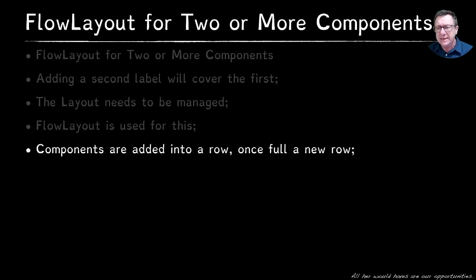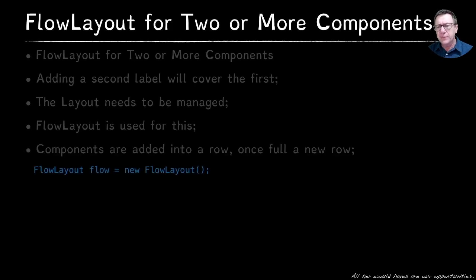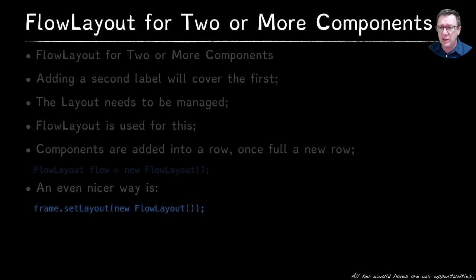Components are added into a row, and once that row is full, we have a new row. All right. Flow layout, flow is assigned new FlowLayout. Straightforward code. But we've got a nicer way, and we can go here, frame, so the frame that we've created, dot setLayout. So we call the method setLayout from the frame, and into that, as the parameter, we pass the call to the constructor of FlowLayout.